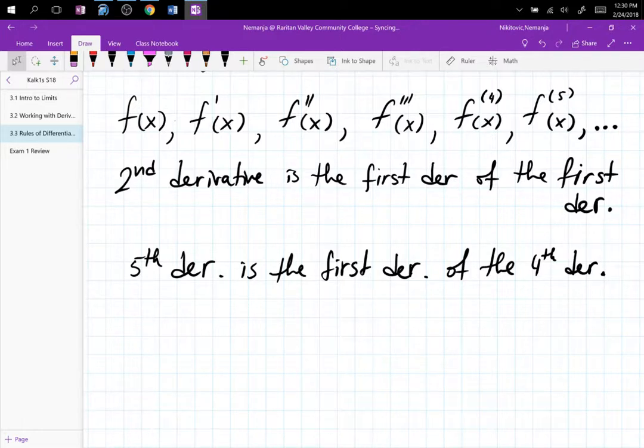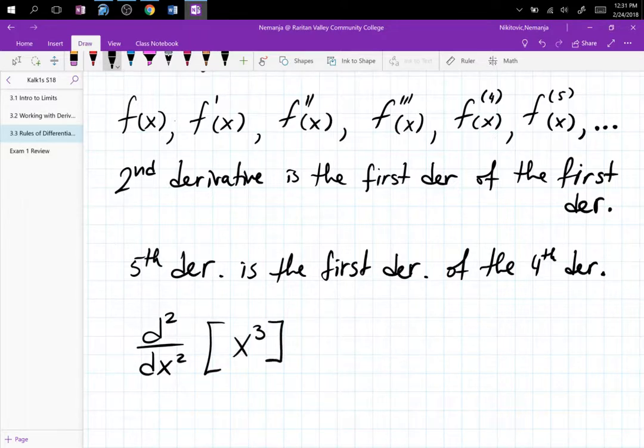Now, notation, you have already seen the notation with the tick marks. We also have Leibniz notation for this, where the second derivative instruction looks like this: d squared over dx squared of, let's say, x cubed. Right? We all know what squares mean.